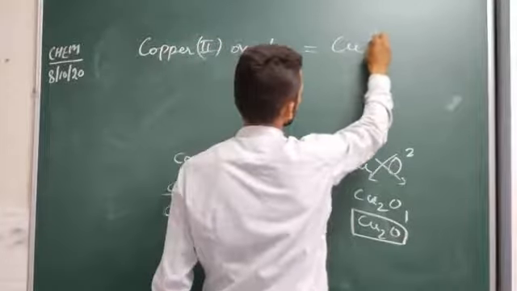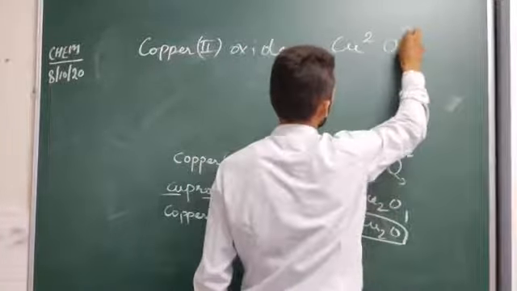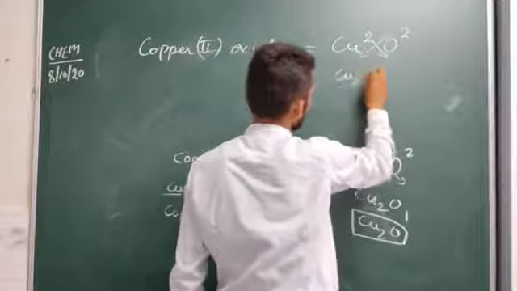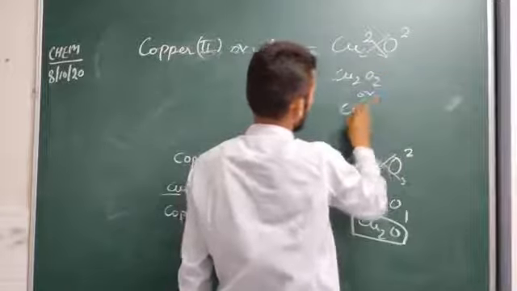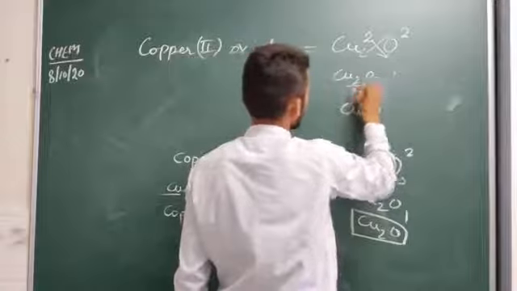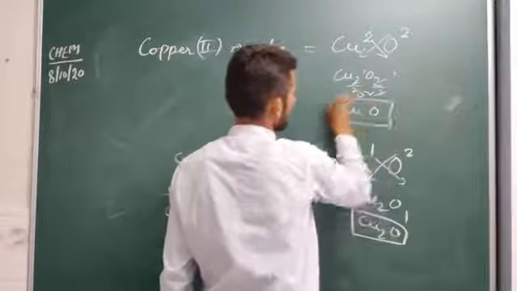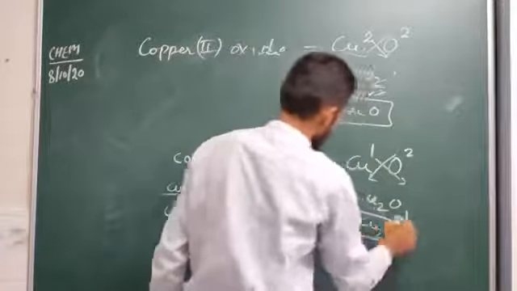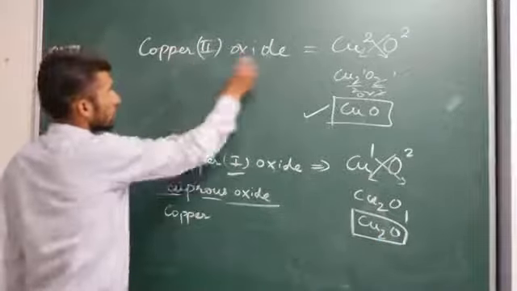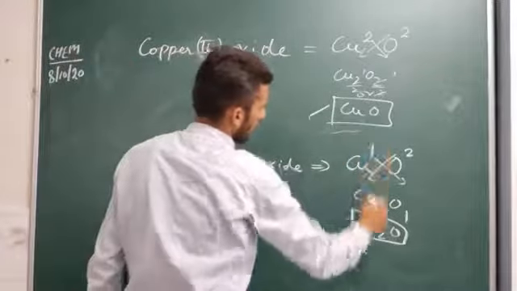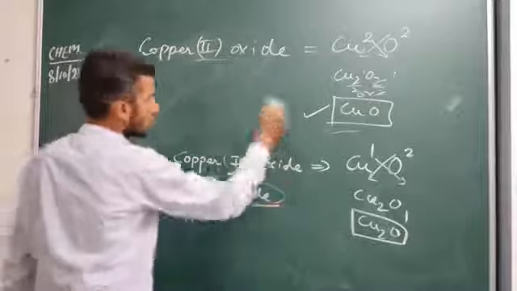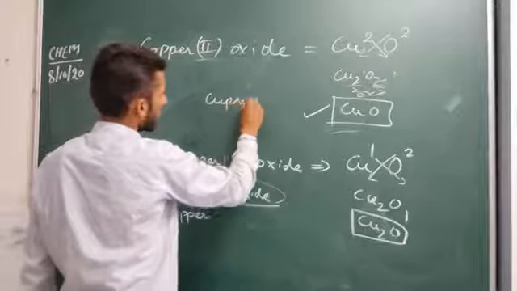Copper will have the valency of 2, and oxygen's valency is not varying, so it will be the same. So this one will have the formula Cu2O2, or it can be written as CuO, because this ratio can be reduced further into the simplest whole number ratio. So it becomes CuO. So CuO and Cu2O, these both are different. CuO is copper 2 oxide, and Cu2O is copper 1 oxide. Cu2O is also known as cuprous oxide, and CuO is known as cupric oxide.